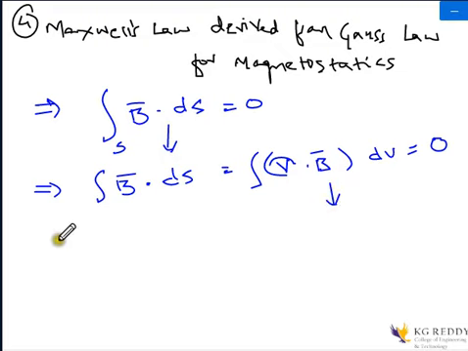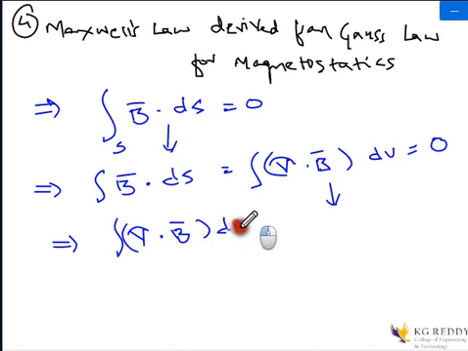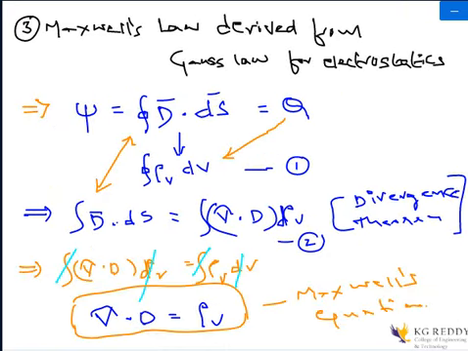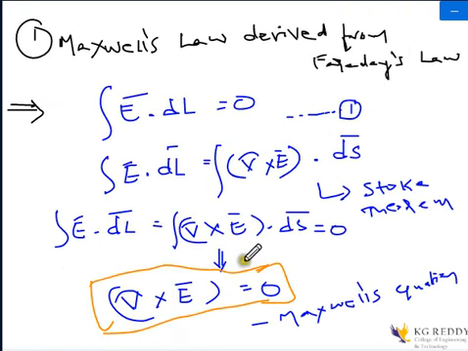Now I'm rewriting this equation: integration of divergence of B bar into dv is 0. As I discussed in earlier concepts, whenever you find these kinds of equations, as in Maxwell's first equation, either dS can be 0 or the kernel can be 0, but differential surfaces, differential volumes and differential lengths can't be 0.